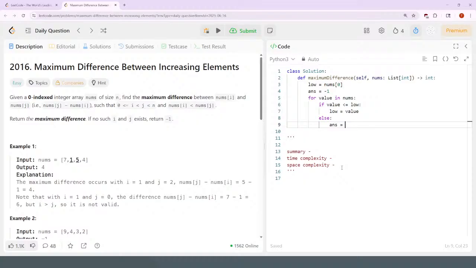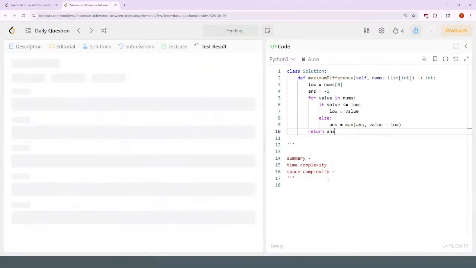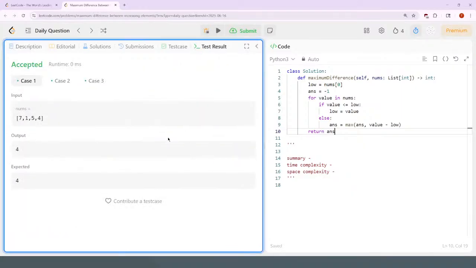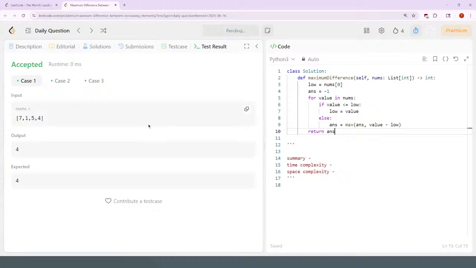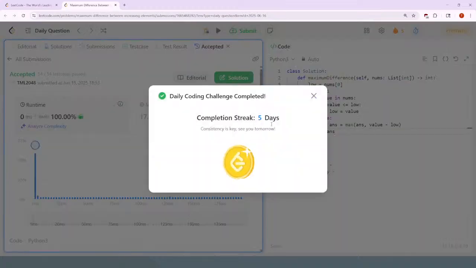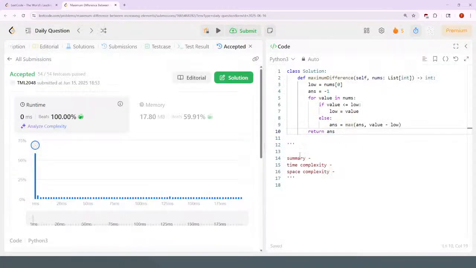Answer equals the max of the answer and value minus low. Return. Alright, I guess it's pretty straightforward. I'm just probably overthinking it.